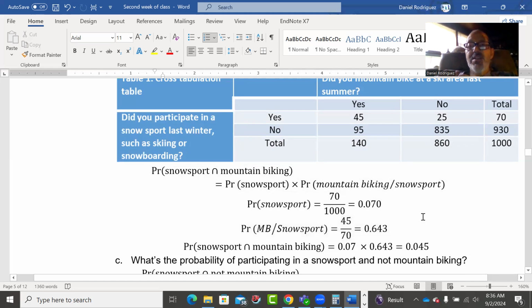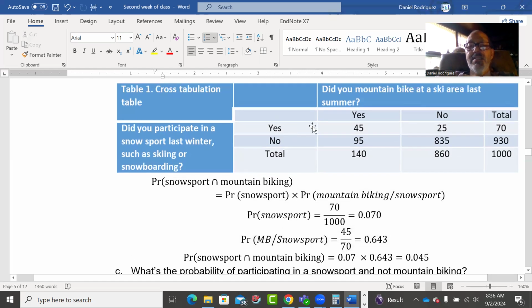So it's a probability of mountain biking given one participated in a snow sport. So I have to restrict my sample to the yeses here, those who participated in a snow sport, right? There were 70 people who participated in a snow sport. So the question is, what's the probability of mountain biking given one participated in a snow sport? Well, 45 of those 70 mountain bike, right? 45 plus 25 equals 70. So 45 divided by 70 would give me that probability.